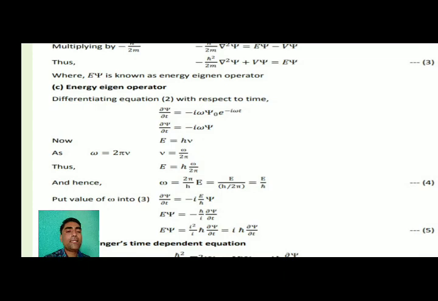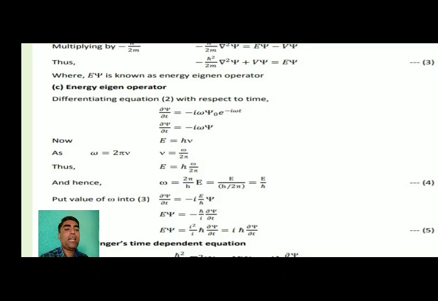Now on the RHS, keep E times psi as a term and transfer this minus i by h cross to the LHS. So you will get E psi equal to minus h cross by i into del by del t of psi. Now to this RHS, if you multiply and divide by i, the imaginary unit, then you will get E psi equal to minus i square into h cross divided by i into del by del t of psi.